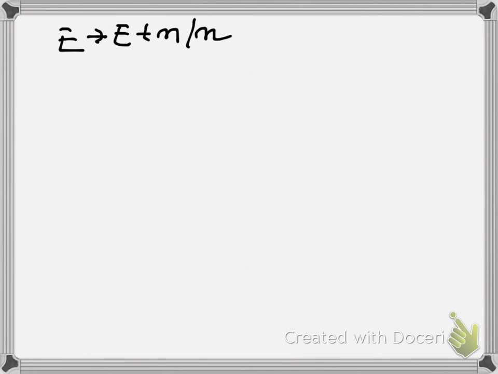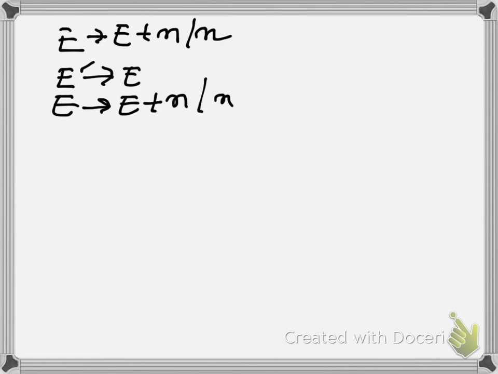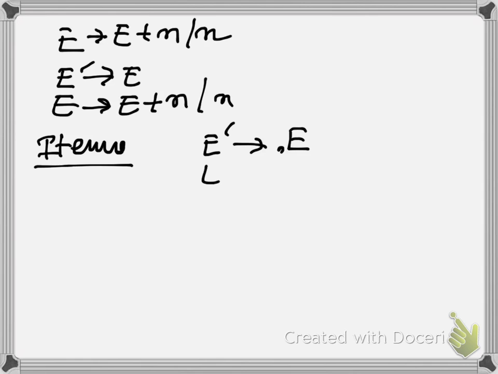Let me take another example. This is the grammar and I have augmented it: E derives E plus N or N. Let us construct the items. From E dash, either I have not seen E or I have seen E, so these two.